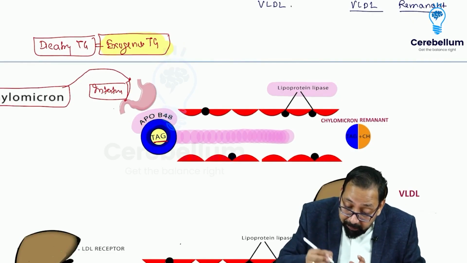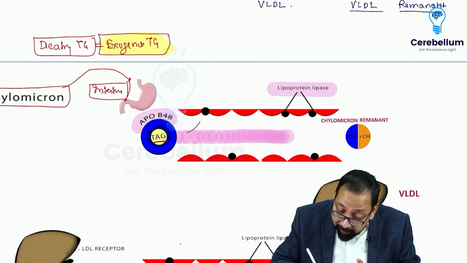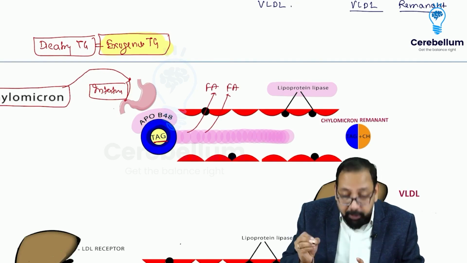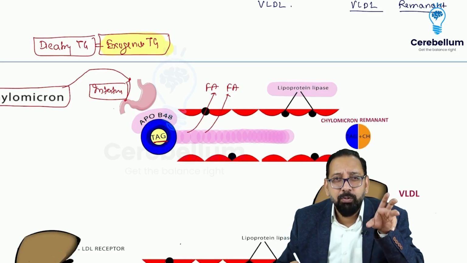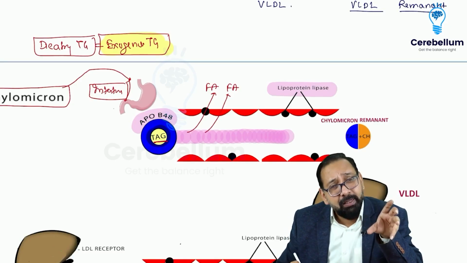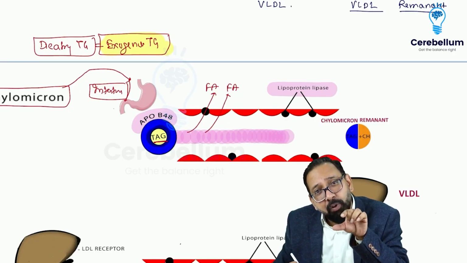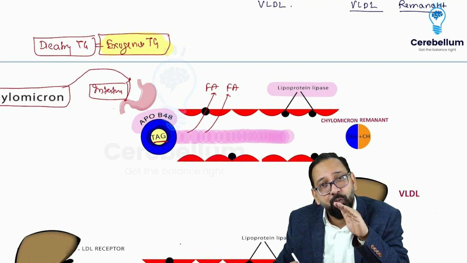When lipase cuts this triacylglycerol, it releases fatty acids. Chylomicron had a large amount of triglyceride, and now when it moves via blood vessels, it is metabolized with the help of lipoprotein lipase and fatty acids are removed.